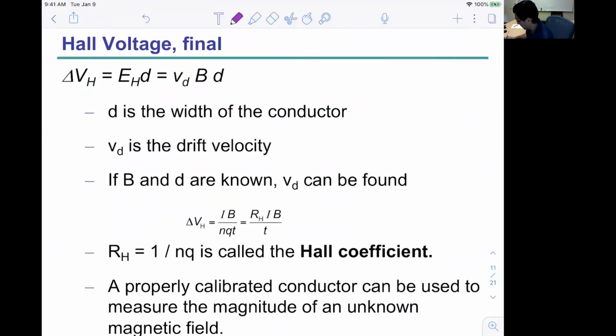And the Hall effect depends on the distance and the velocity. You need to know the drift velocity of the electron for this, and it's related to the current.